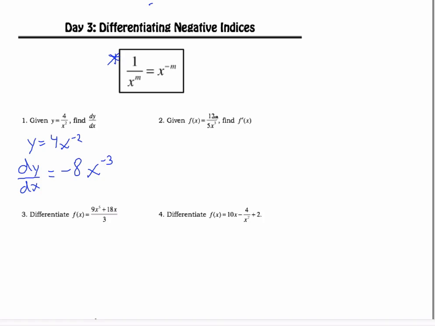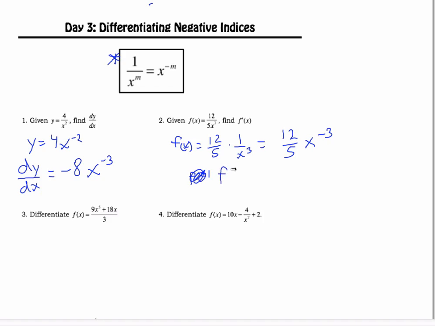Okay, so similarly in the next example, we can rewrite this. Let me write it like this first: 12 fifths times 1 over x to the power of 3, which equals 12 fifths times x to the power of negative 3. Okay, now we can differentiate.